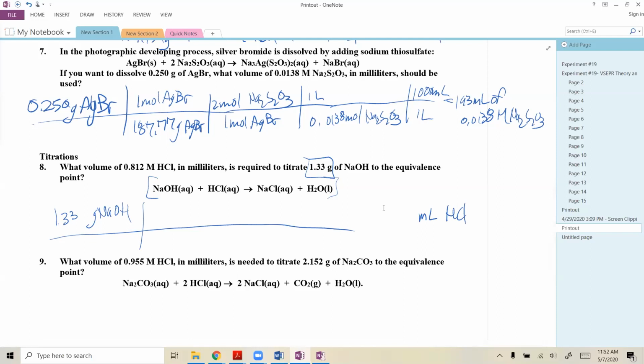Molar mass. When in doubt, turn everything into moles. If you're not sure, one of the first things that you might need to do is turn it into moles. All right, now we have it in moles.